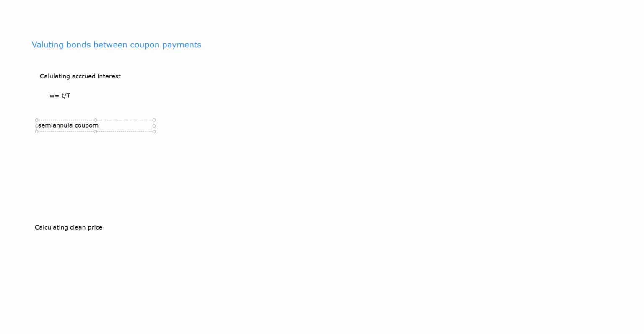So basically, we are talking about accrued interest equals the semi-annual coupon multiplied by 1 minus W, or equivalently, the semi-annual interest multiplied by days in accrued interest period divided by days in coupon period.